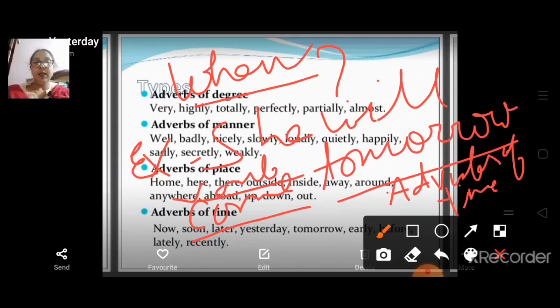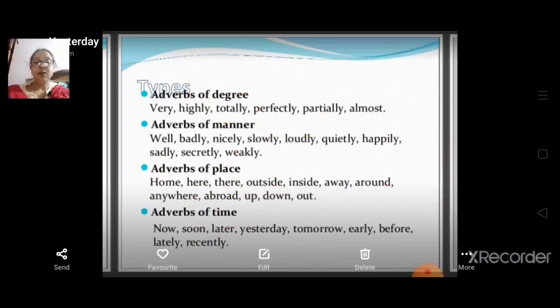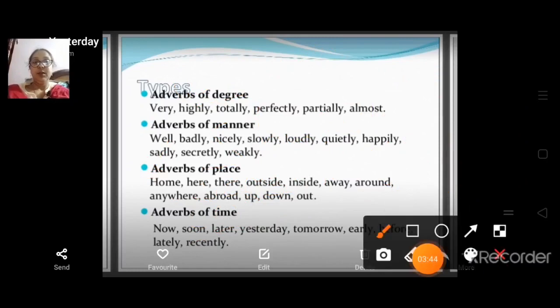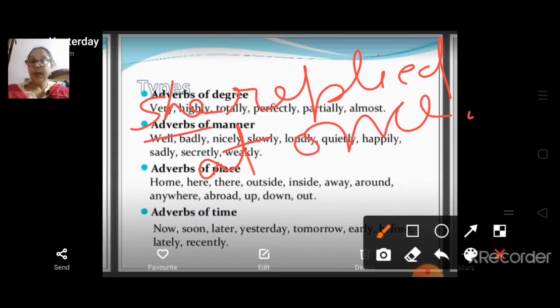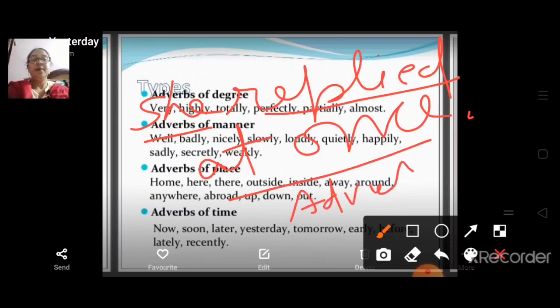Now another example: she replied at once. It means when she replied: at once. Here you can see the adverb of time.